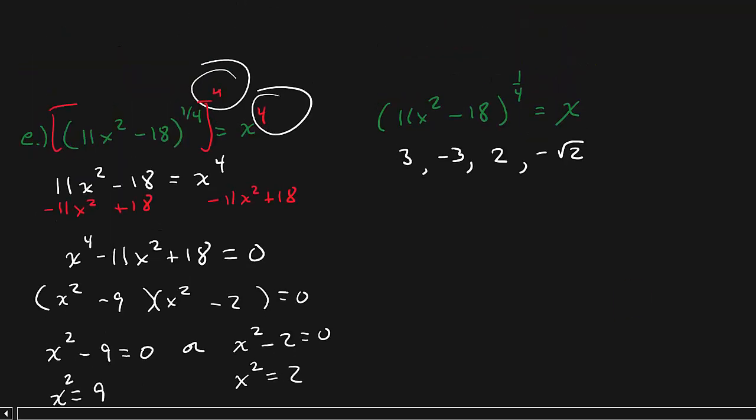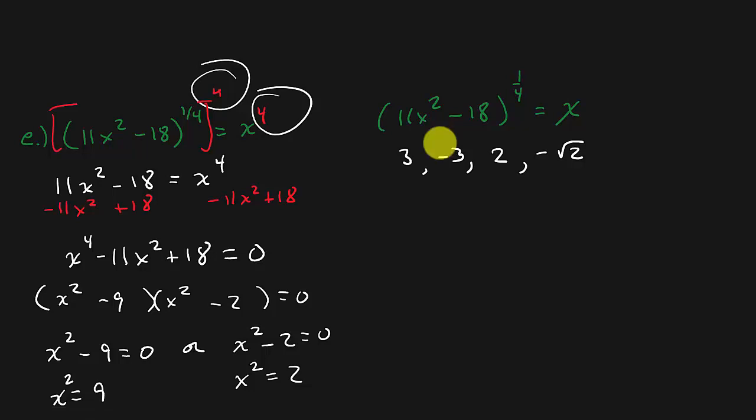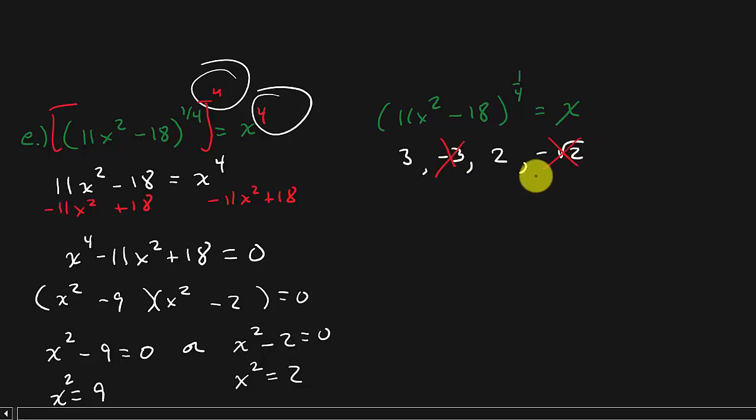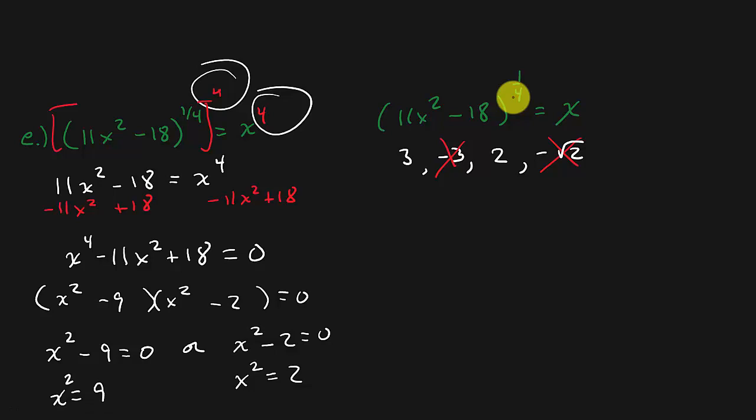Okay? Now, right off the bat, I can cancel those out. I don't even have to check them. Because if you take the square root, the 4th root or the 6th root of something, that's going to always be positive. Remember, whenever you take the square root of a number, it's positive. Whenever you take the 4th root of a number, it's positive.